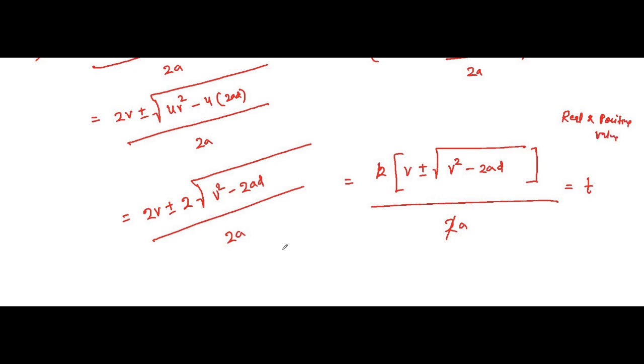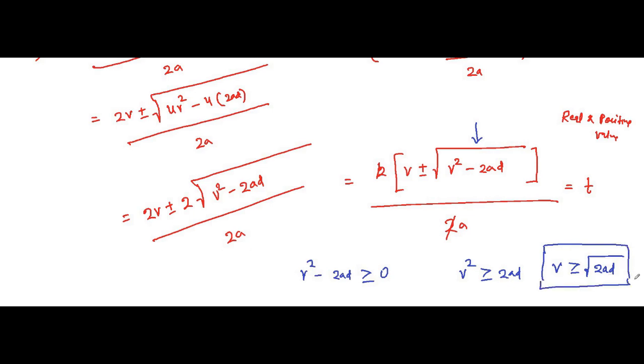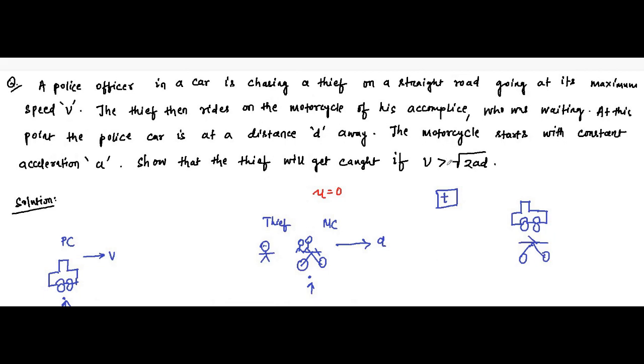Now this is possible only when v square minus 2ad, this portion, is greater than or equal to 0, or we can write it as v square is greater than or equal to 2ad, or v is greater than or equal to root over of 2ad. This is the condition which we want, which was asked here.